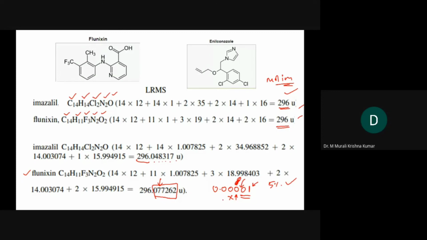That is the reason why a little bit of error can be there at the 4th or 5th digit, but not at the 3rd or second digit. So these two can now be differentiated by using high resolution mass spec.